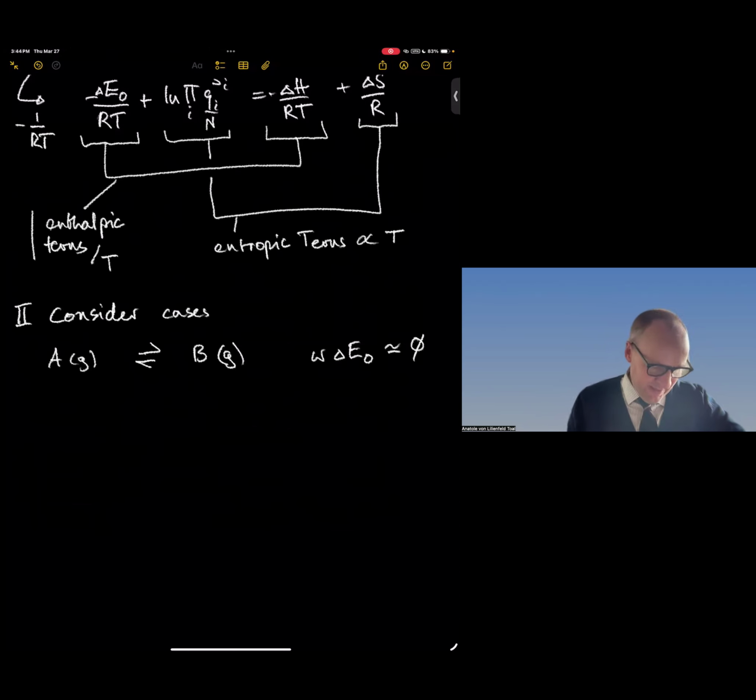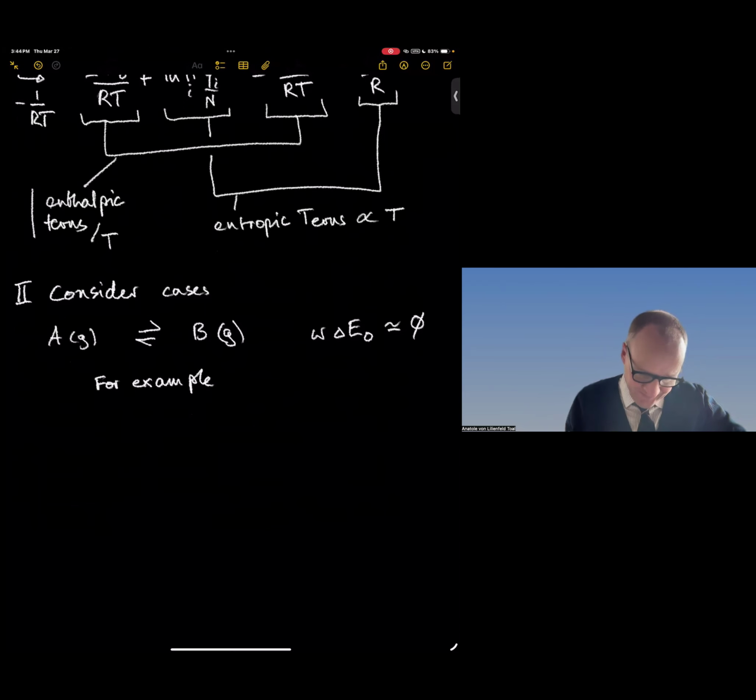Now, what could this be? Let's consider an example. For example, consider a molecule with a double bond, which once has a trans and once a cis form.